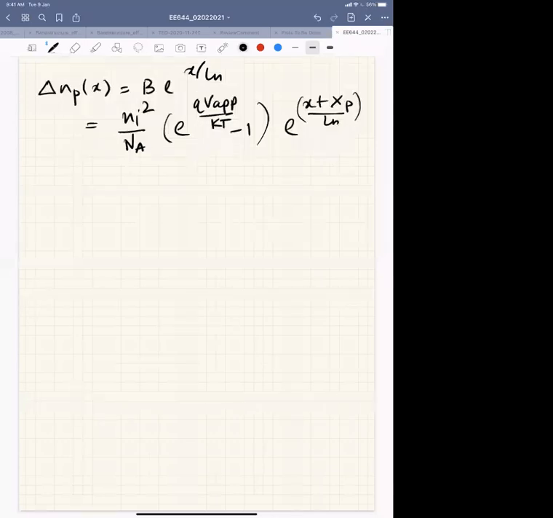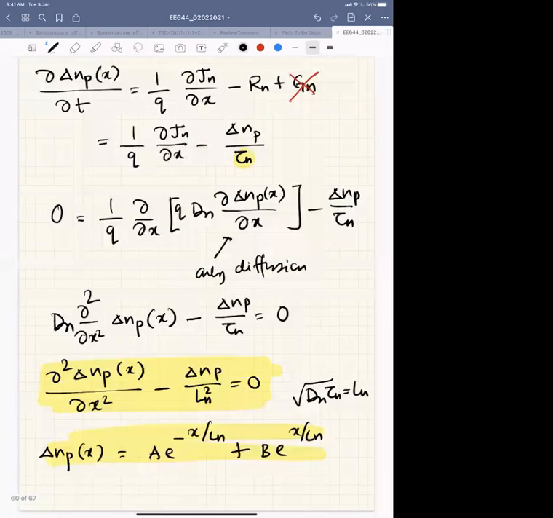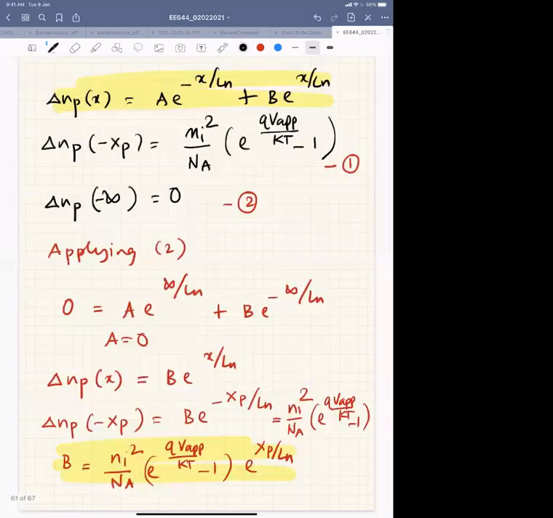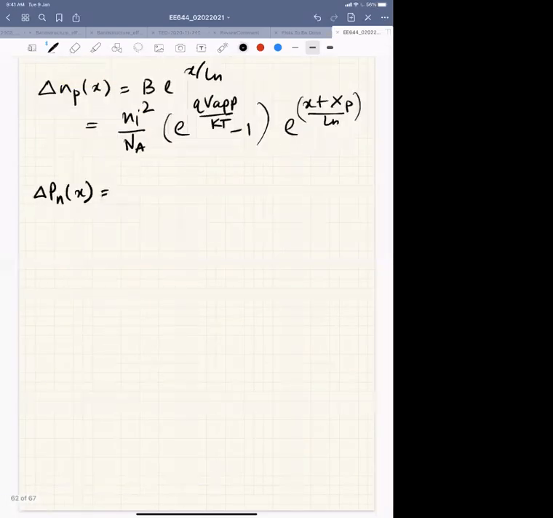Similarly, I could also write delta pn(x), because I am also injecting electrons from the p side to the n side.